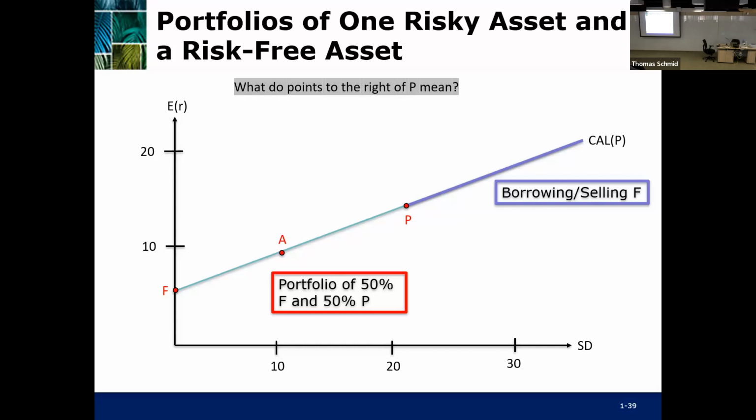So now if you move beyond P, you are not putting money on your savings account, but you're taking a loan from the bank, as you're borrowing money from the bank. And the assumption here is that the lending rate and the borrowing rate are the same. Because otherwise, what would happen if the lending rate and the borrowing rate are not the same?